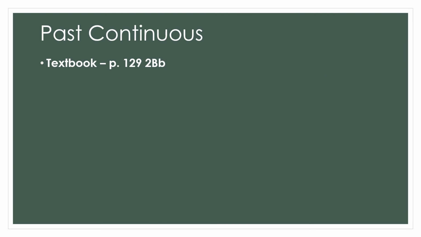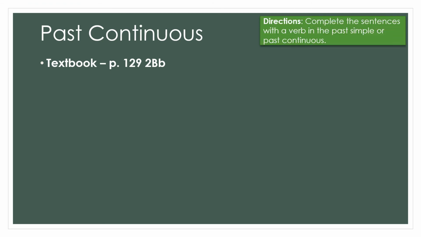Let's do another exercise. Page 129, Part 2B, Exercise B. In this exercise, you should complete the sentences with a verb in the past simple or past continuous. Number 1, I blank my arm when I blank football, using the verbs break and play.